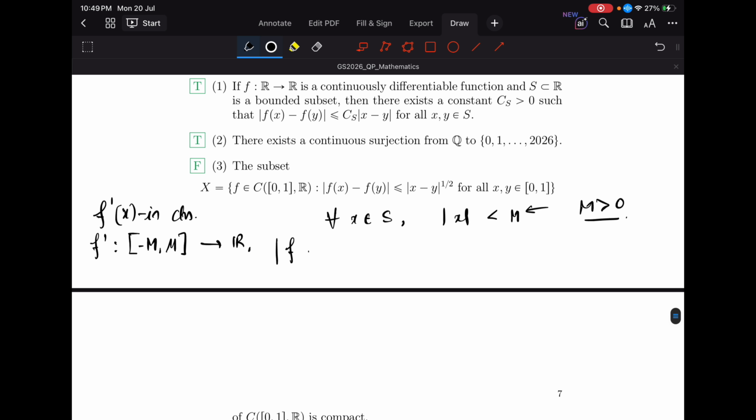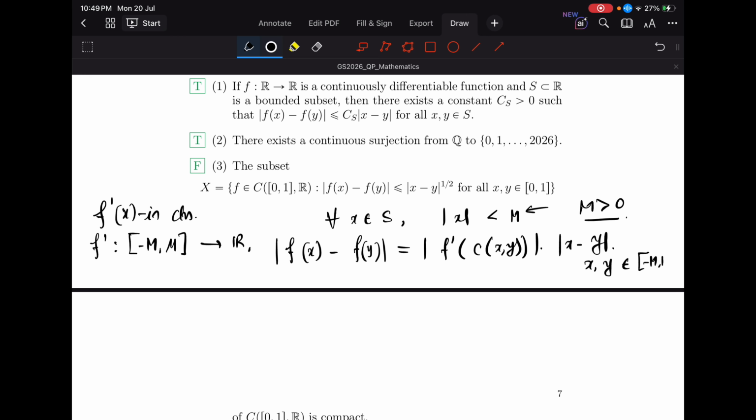So by mean value theorem we have f(x) minus f(y) is equal to f prime of c(x, y) times mod x minus y, where x, y belong to minus m comma m, and c(x, y) is inside x comma y. So if x, y belong to minus m comma m, c(x, y) also belongs to minus m comma m, right?